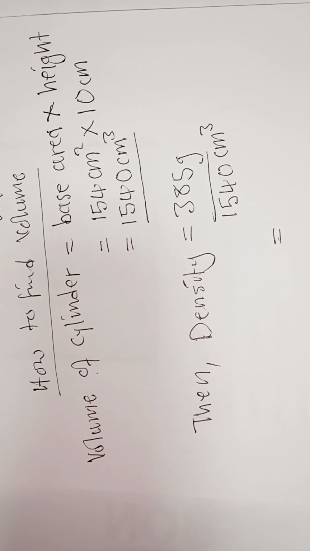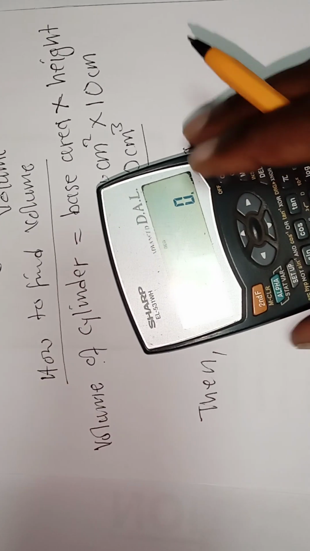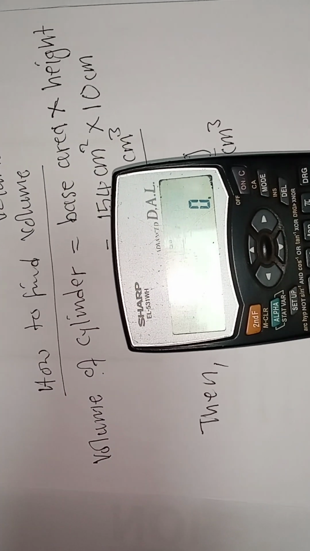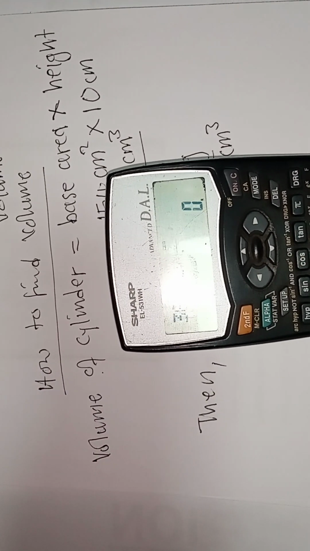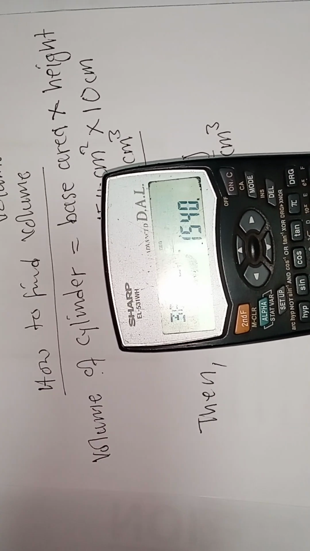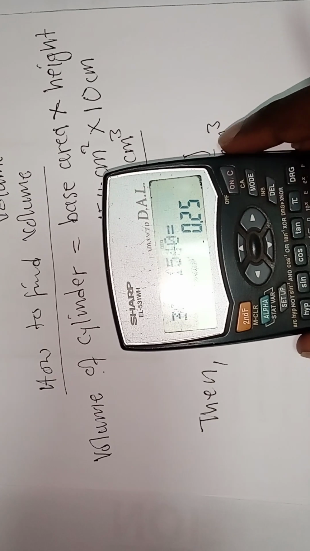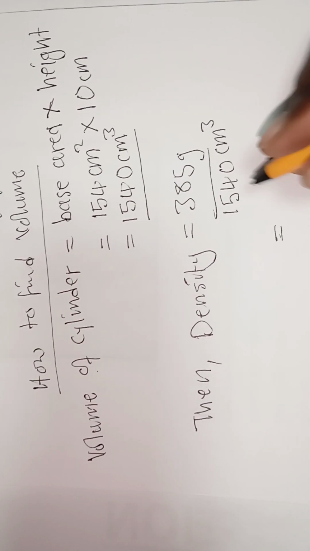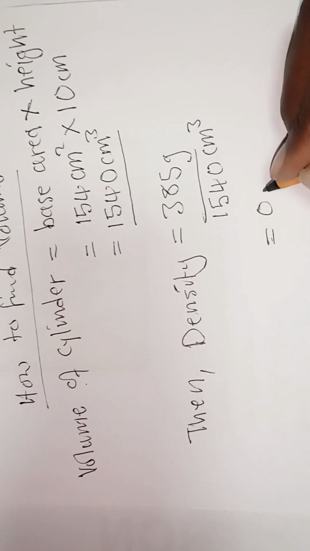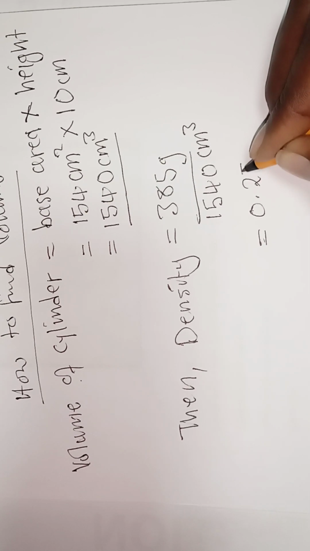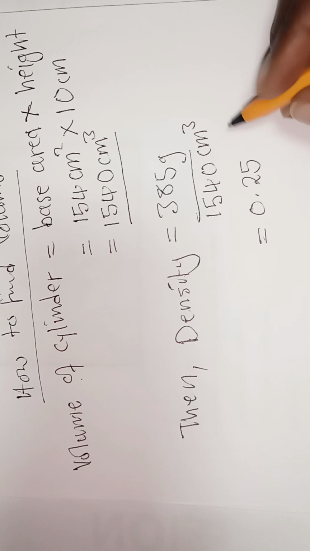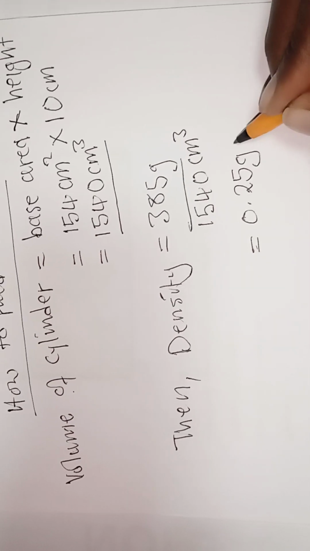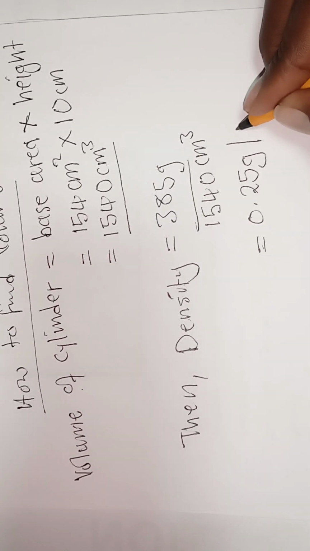So now dividing that, we have 385 divided by 1540, so we have 0.25. That is 0.25 grams per cubic centimeter.